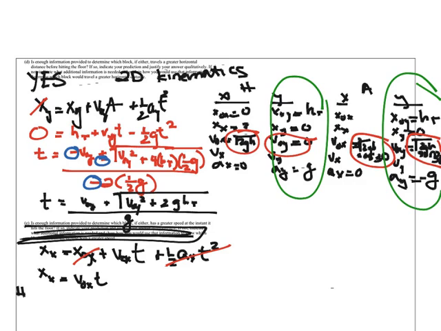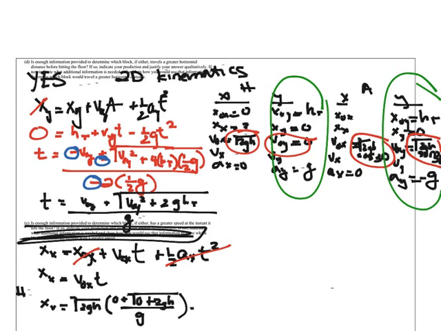For h, we know that xx will be square root 2gh, because that's our vox, times t for h. Since h doesn't have a voy term, this term and this one go away, and we have times 0 plus the square root of 0 plus 2g h all over g.